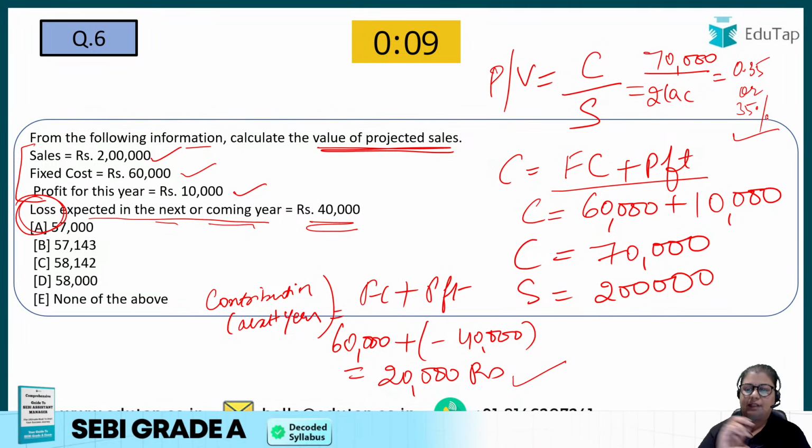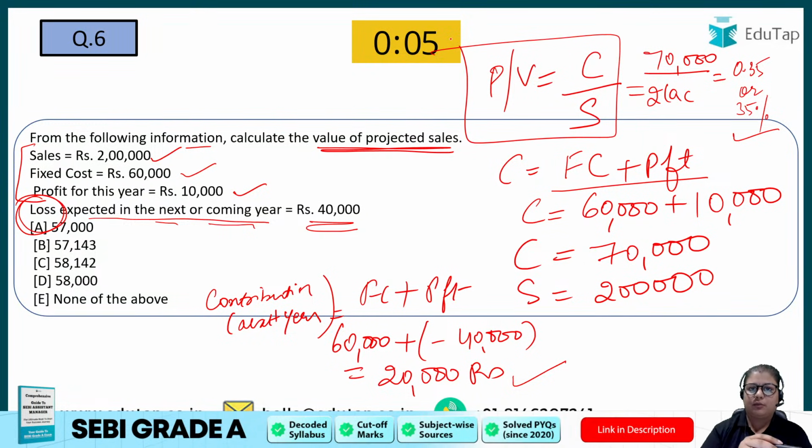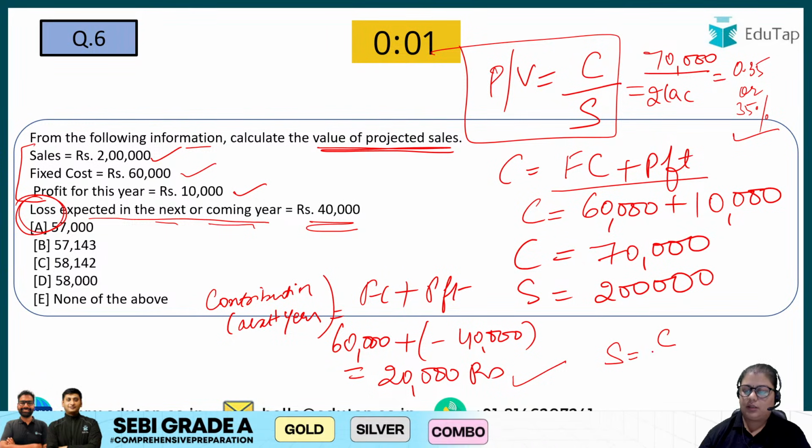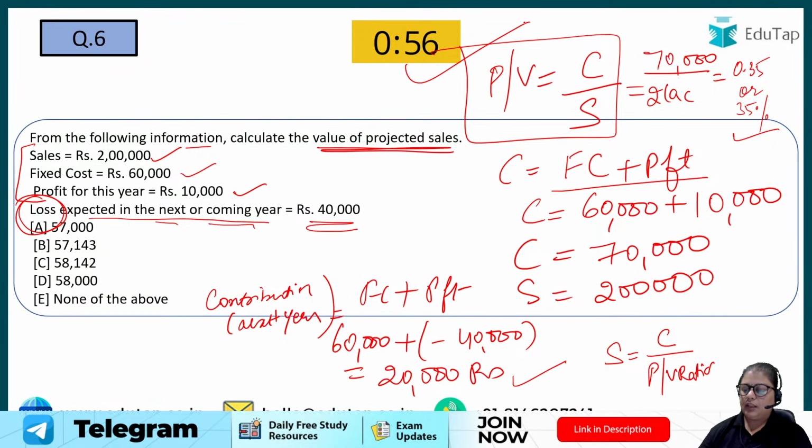So can I calculate my sales? Can I derive one more formula from this? Can I say sales is equal to contribution upon PV ratio? I have derived this from here only. So it is 20,000 divided by 0.35.